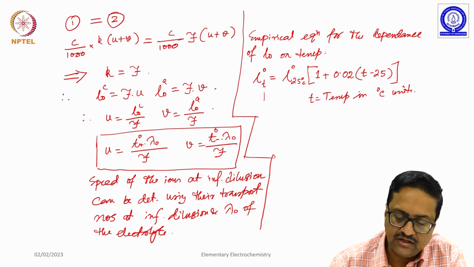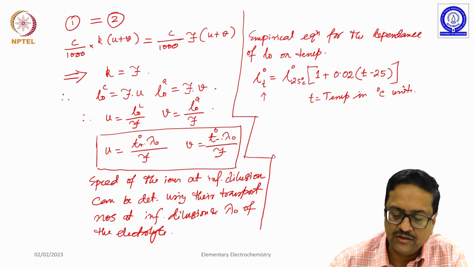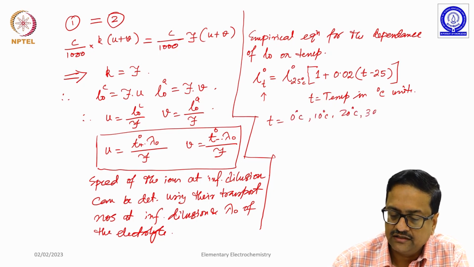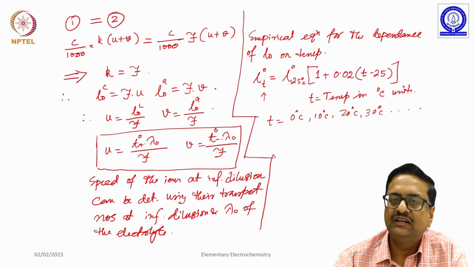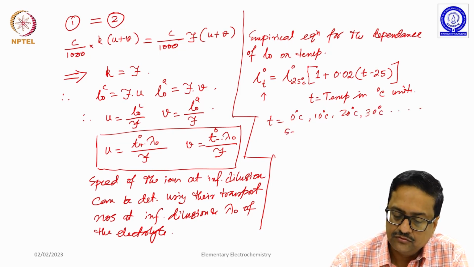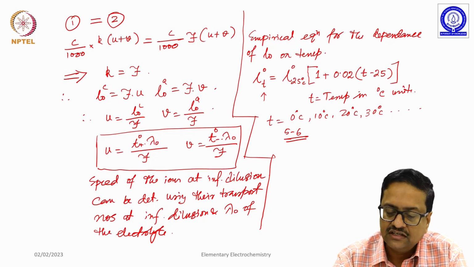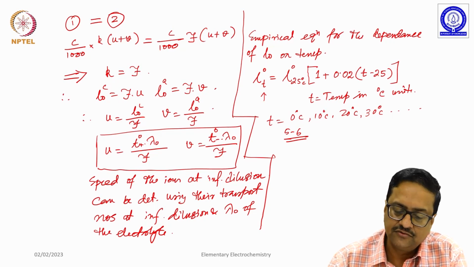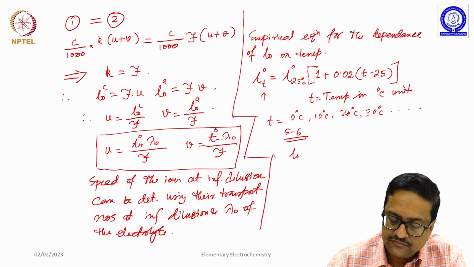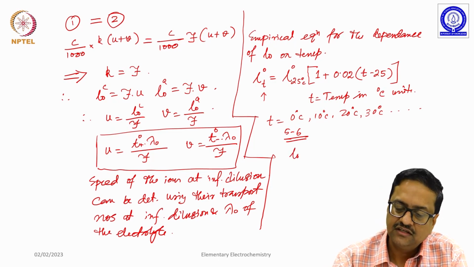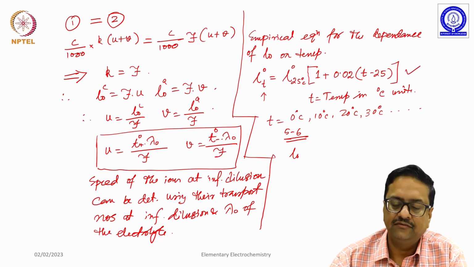You do the experiment at various temperatures, maybe 0 degree centigrade, 10, 20, 30 degree centigrade, and you measure at some 5 to 6 different temperatures, and based on the trends of those values of L0, this equation can be arrived at.